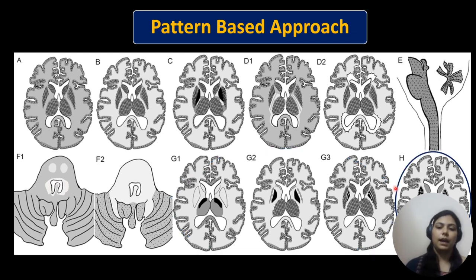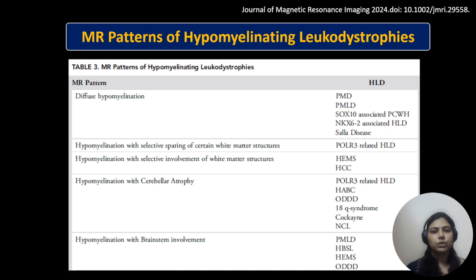Or there may be hypomyelination with calcifications. So based on these patterns along with the clinical clues, we'll discuss various hypomyelinating leukodystrophies. This table shows various diseases falling under each of these patterns.